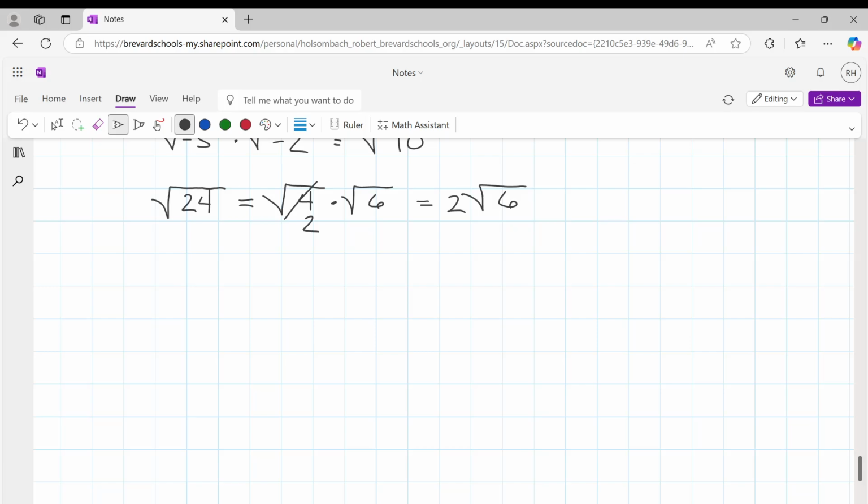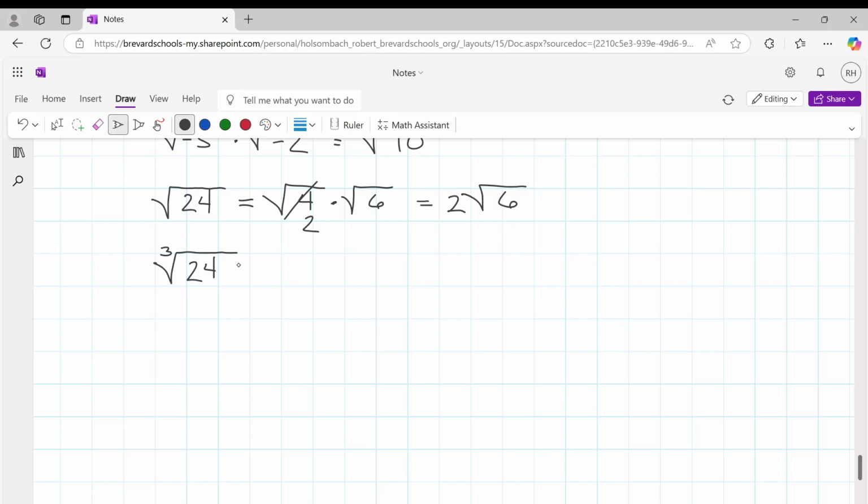And then today you'll get exposed to simplifying some cube roots and possibly even some fourth roots. So let's say you multiply and your product is the third root of 24.